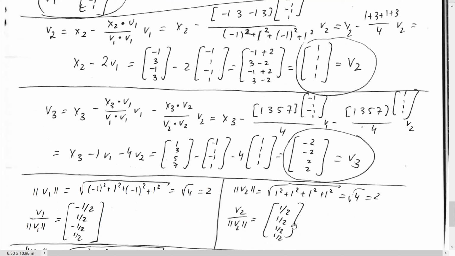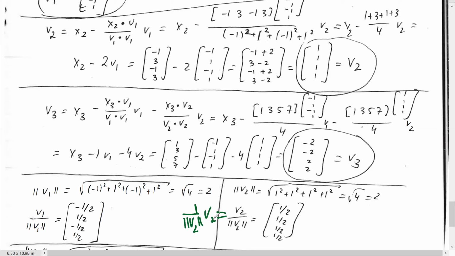We're doing exactly the same for vector V2. First, find the norm or the length, which is square root of 4, which is 2. Then we divide each and every entry by the length. In other words, we're doing the vector divided by the length. This is also, I hope everyone can see, 1 over norm of V2 times the vector V2, right?